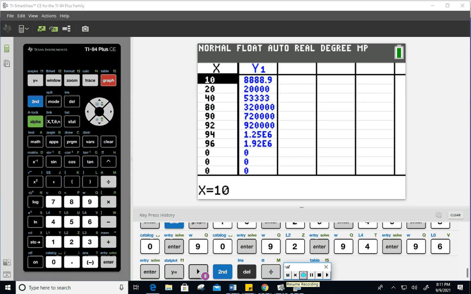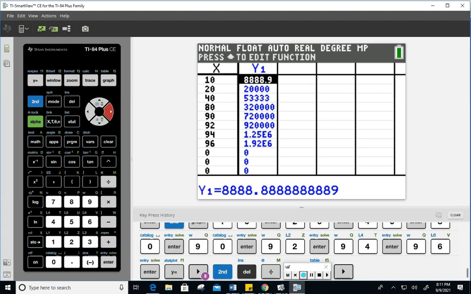So I've loaded the equation in my calculator and I've loaded the X values in my calculator. Remember, when our input is 10%, 20%, 40%, etc., the Y column is printing out the cost of removing that level of percentage of pollutants from smokestack emissions.